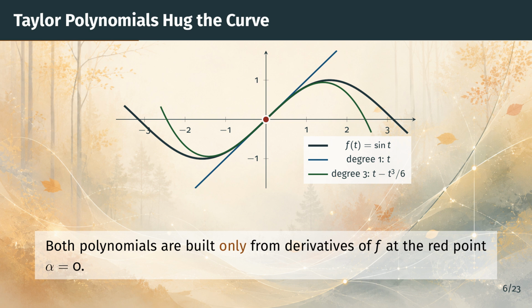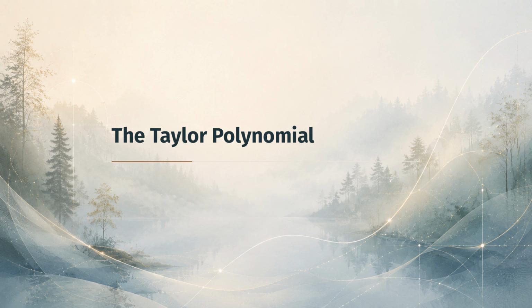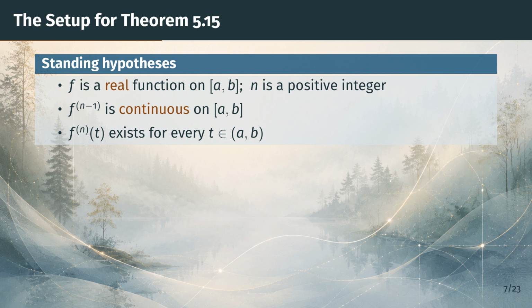Let's set up the exact hypotheses. Here are the standing hypotheses. Notice that Rudin asks for exactly what the proof will need, and not a drop more. First, f is a real function on the closed interval from a to b, and n is a positive integer.